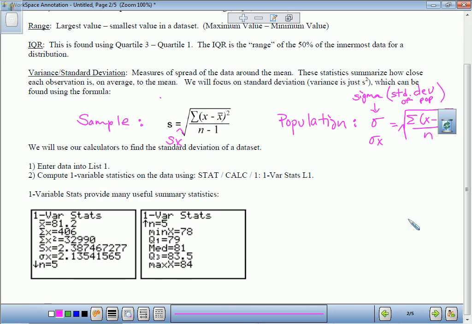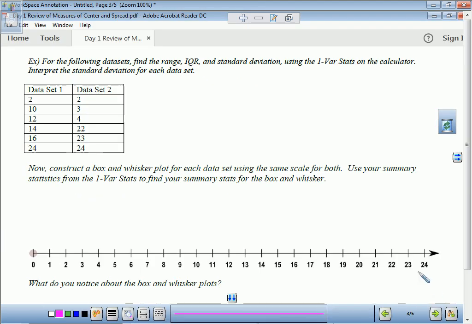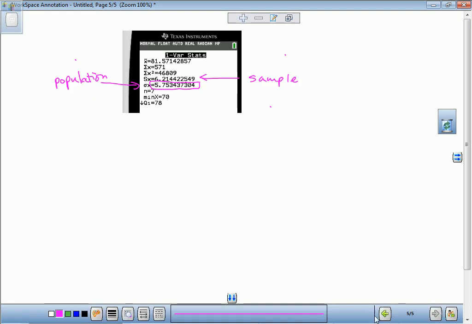Okay, so S, this is the standard deviation for the sample. This is the sample standard deviation. Okay, this is the population standard deviation. There it is.